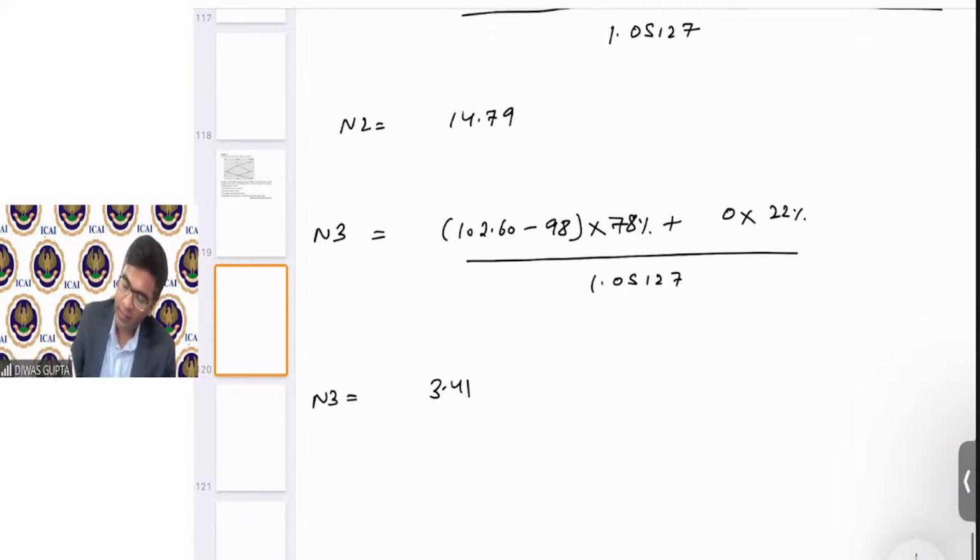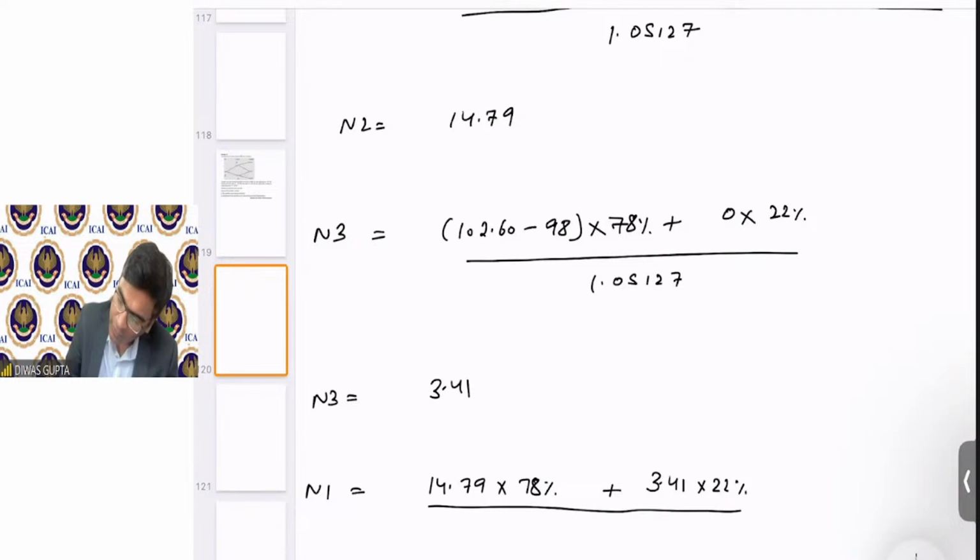Then finally, N1 will be weighted probability of N2 and N3 divided by the present value factor. 14.79 into 78% plus 3.41 into 22% whole divided by 1.05127, which is actually equal to 11.69.